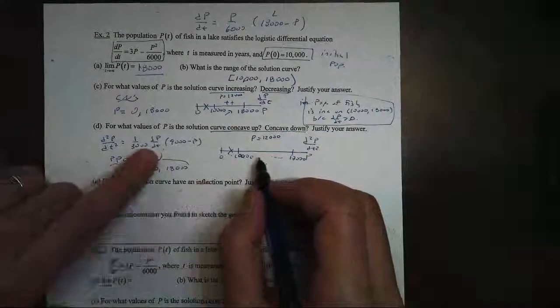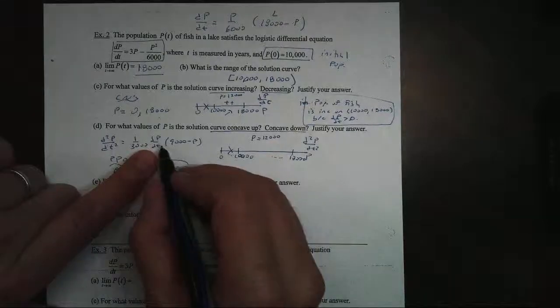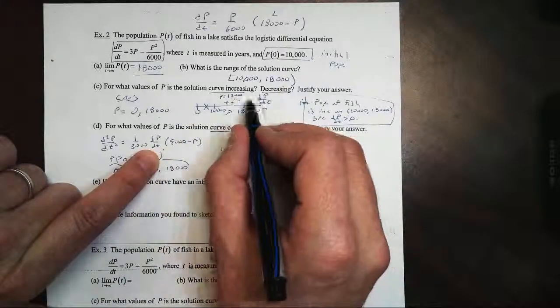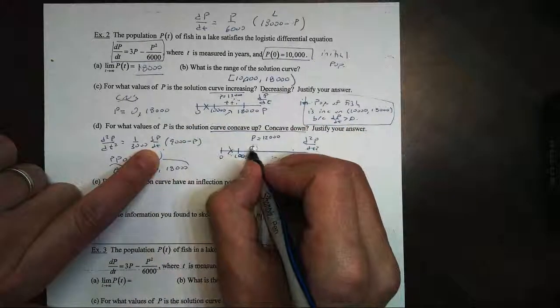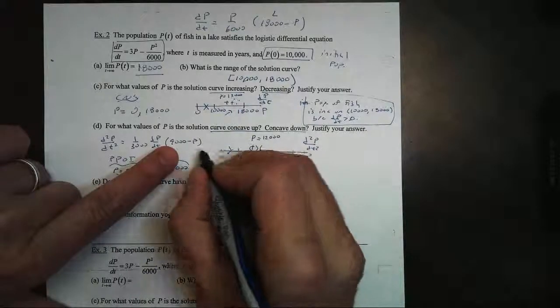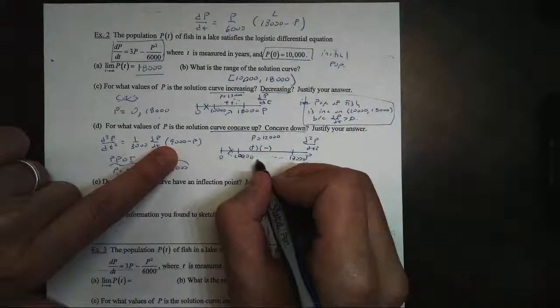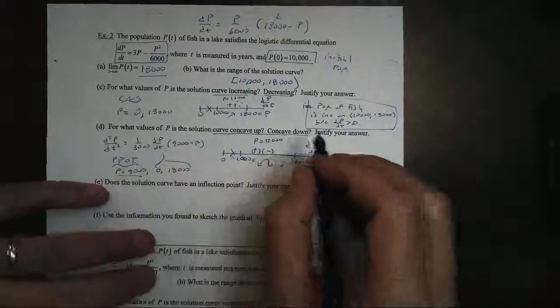If I plug it in, now recall from part 2, dP/dt is positive. We get that from up here. We already said that at 12,000, dP/dt is positive. I just have to plug into the second one. 9,000 minus 12,000 is a negative number, so this is going to be concave down.